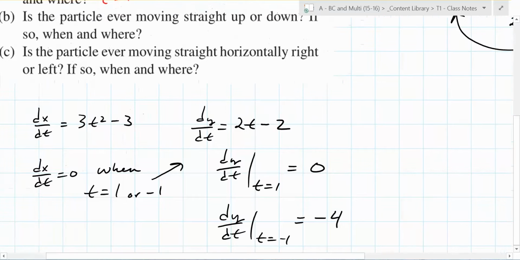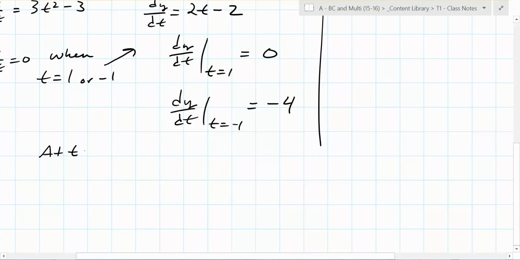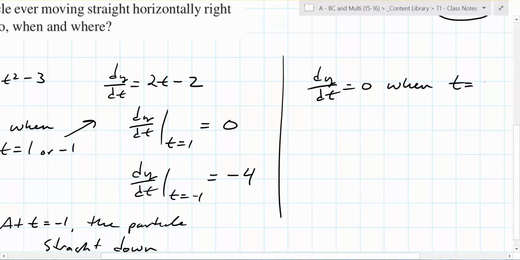So now let's do it the other direction. dy dt equals 0 when t is equal to 1, and that's the only time.